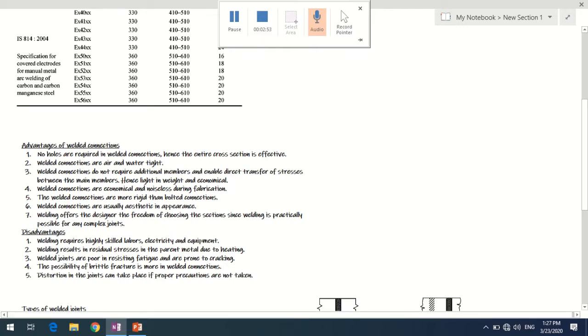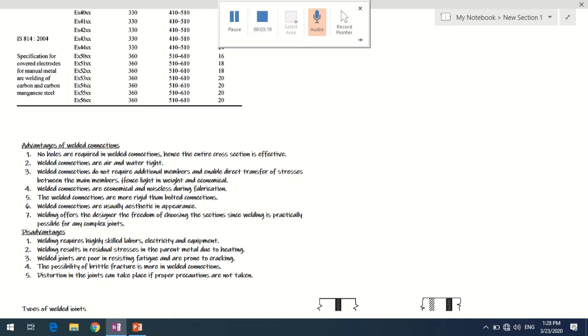The third advantage is that welded connections do not require members like cover plates and all. So there is a direct transfer of stresses between the two members which are connected, and the joint as well as the structure weight is reduced to some extent if you compare with bolted or riveted connections.